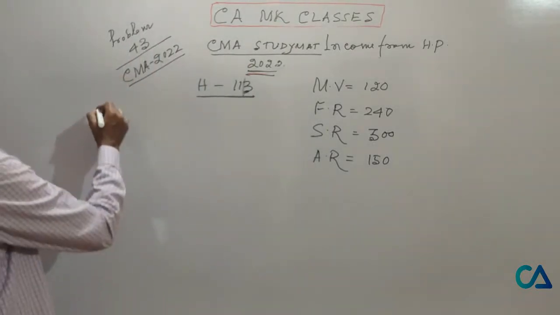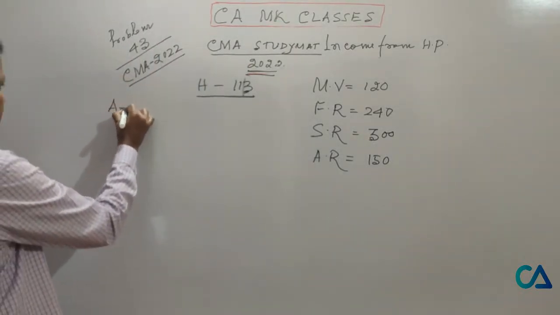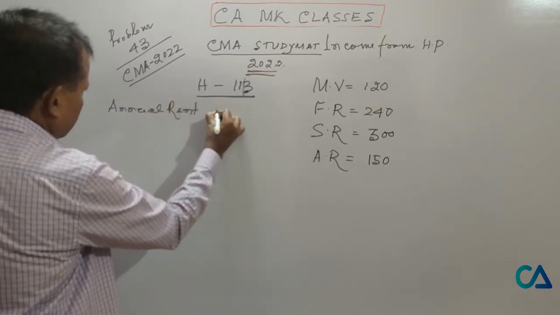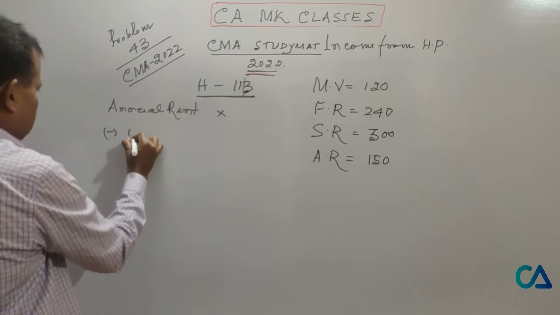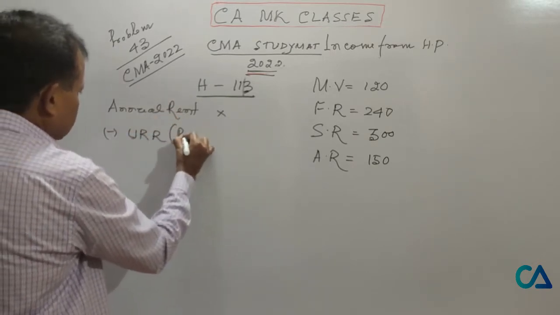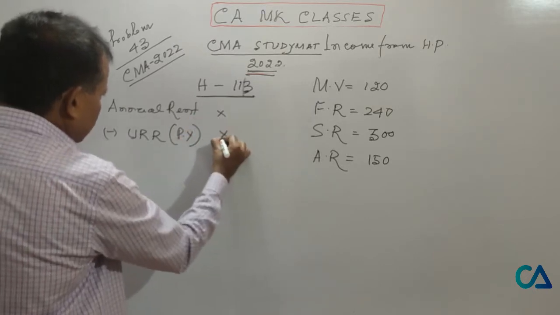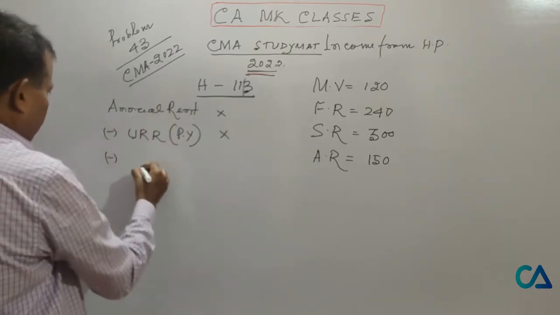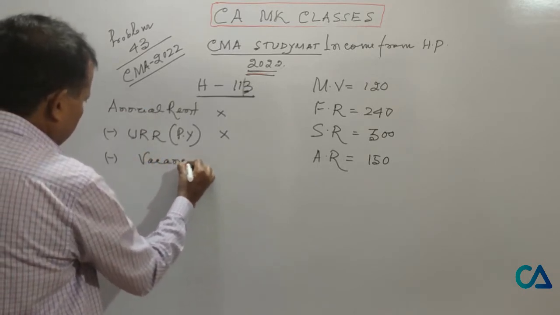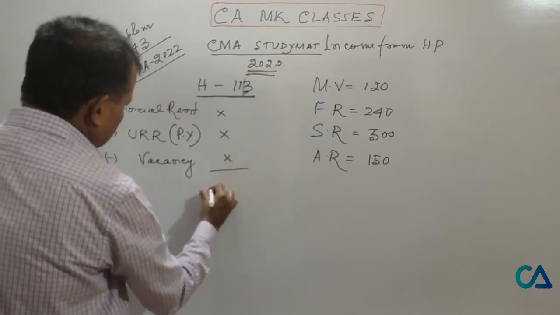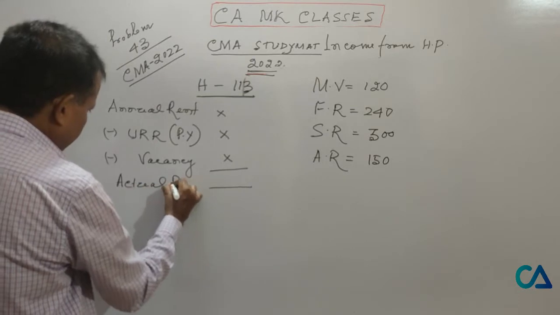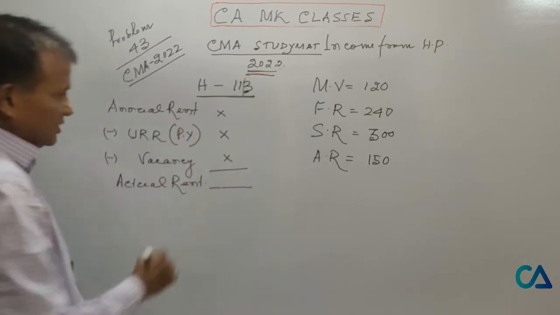So friends, annual rent minus unrealized rent of the concerned previous year, minus vacancy, this is actual rent.